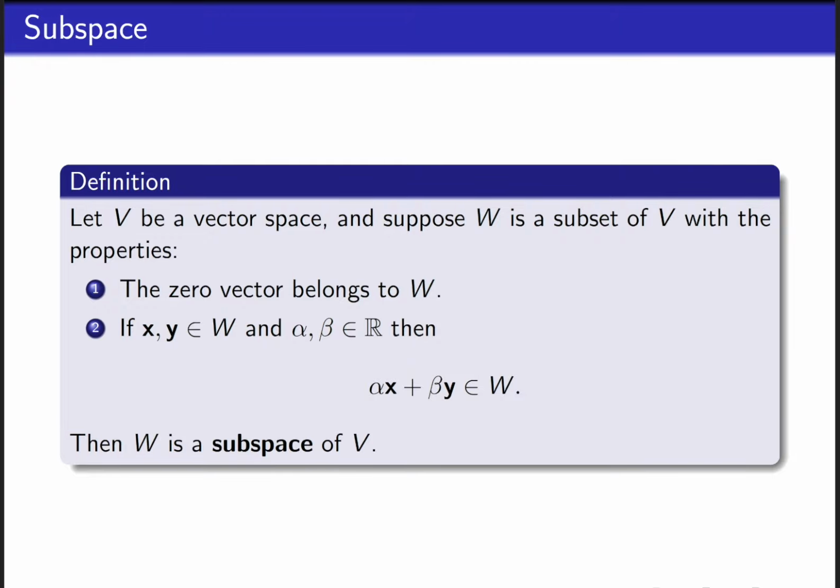First, the zero vector belongs to that subset W. Second, if we have two vectors inside of W, x and y, and we have two scalars, alpha and beta, then alpha x plus beta y will also be inside of W. So W is closed under vector addition and scalar multiplication. If we have a subset of V that satisfies these two properties, that means that W is also going to be a vector space, and in particular, we call it a subspace of V.